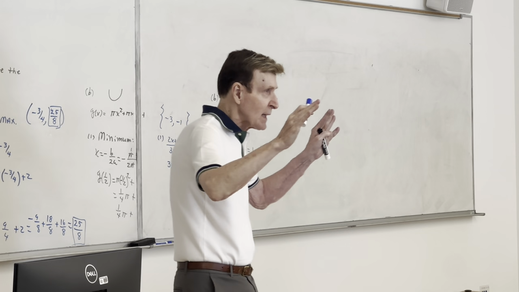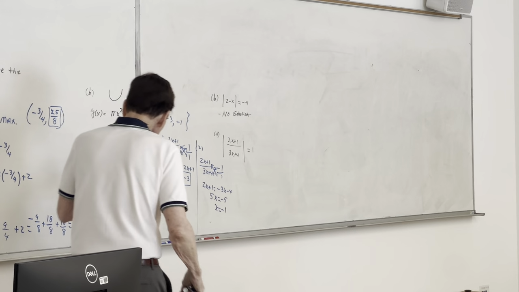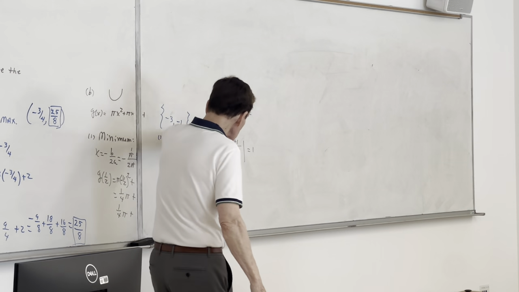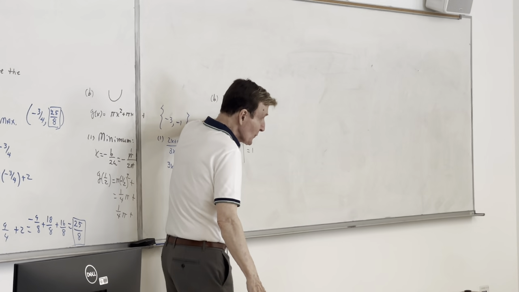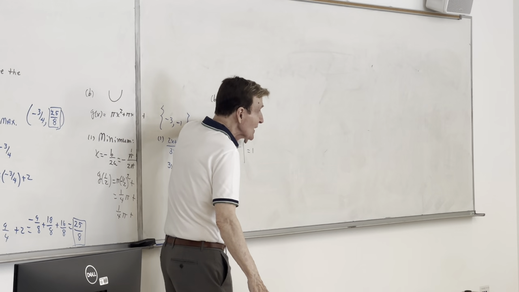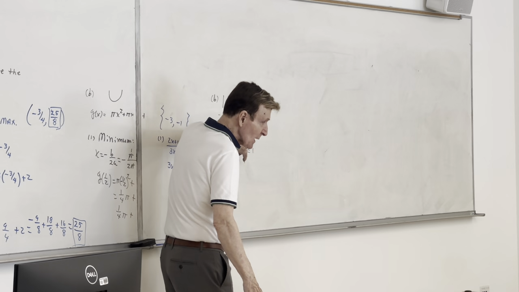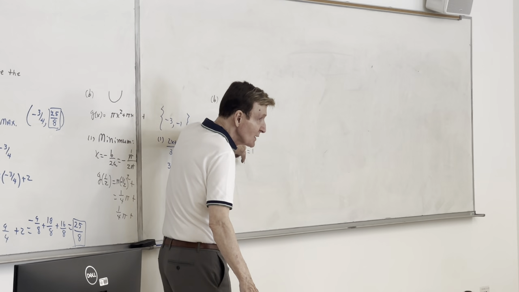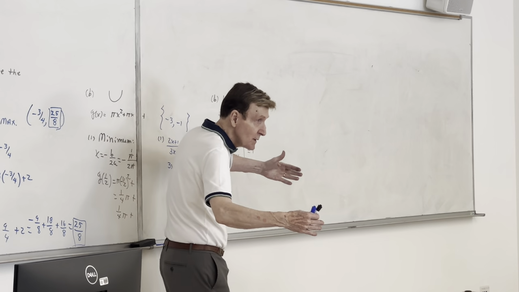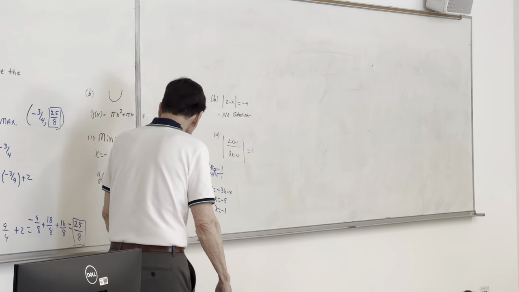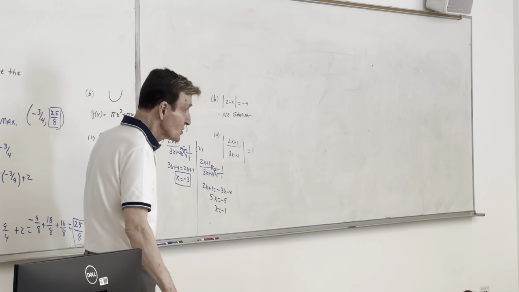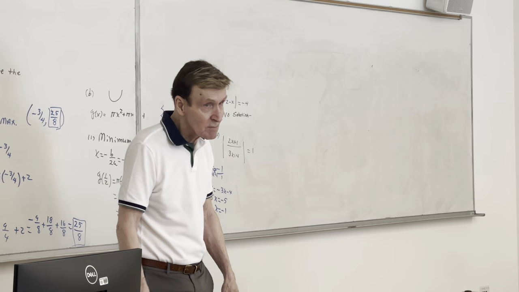Let me check negative 3 real quickly in the original. 2 times negative 3 plus 1, that's a negative 6 plus 1, that's a negative 5. Down here, that becomes a negative 9 plus 4, a negative 5. And negative 5 over negative 5 is what, a 1? And the absolute value of 1 is 1, so that will check. And if you check the other number, it should check. We got 2 answers, no problem.